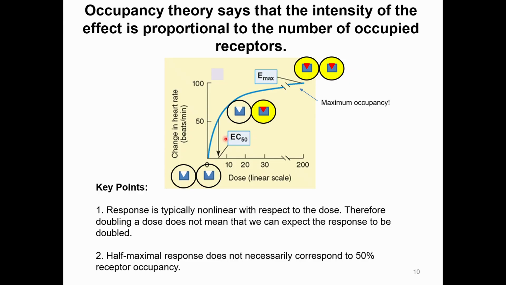I just want you to be thinking about the dose and the response in terms of receptor occupancy. Because even though EC50 doesn't completely correspond to half maximal dosing in most cases, it is true that as you increase the dosage, you get more response. But it's going to be in this nonlinear way.